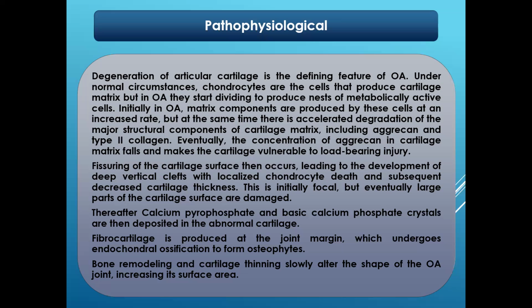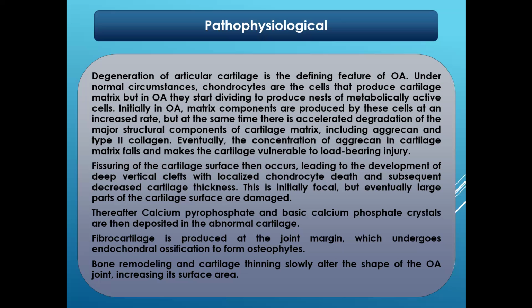Another thing that happens is that fibrocartilage is produced at the joint margin, which undergoes endochondral ossification to form osteophytes. Recall, this is very wrong. The formation of this fibrocartilage, which is not a good cartilage, leads to formation of osteophytes.